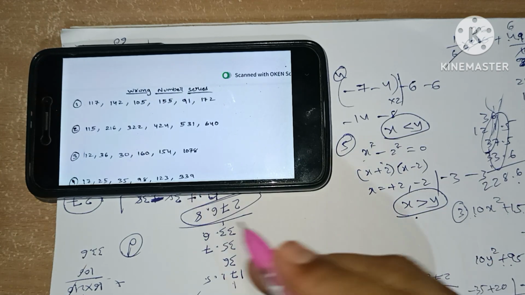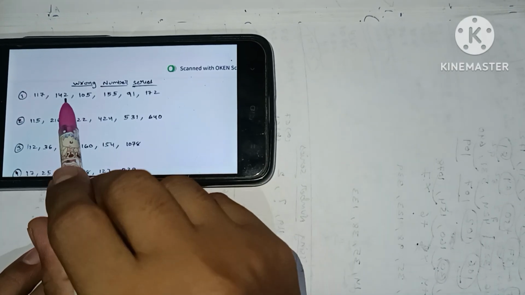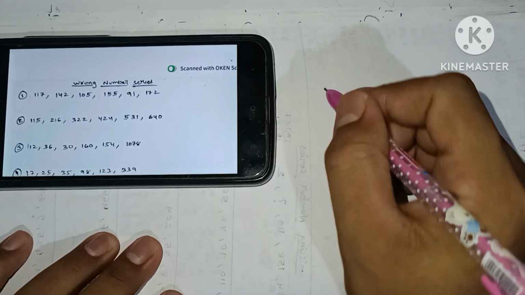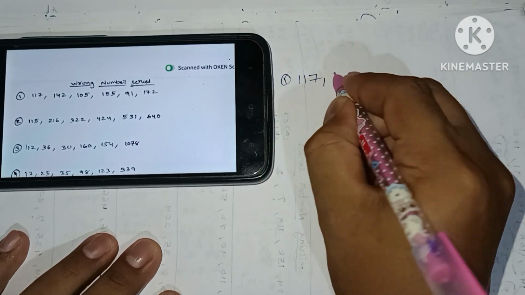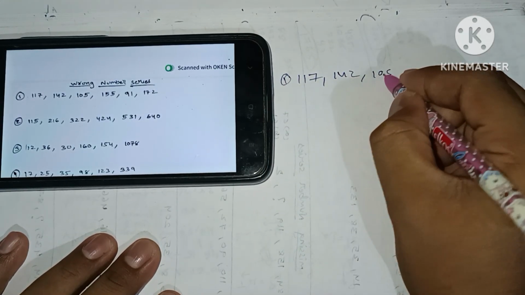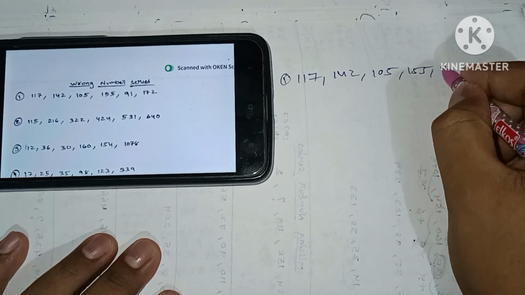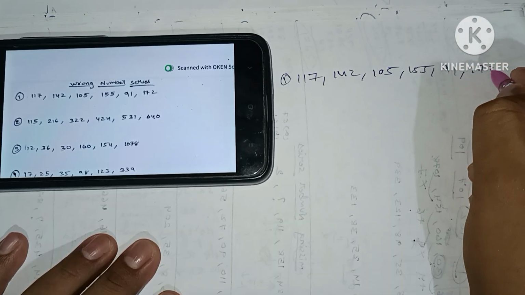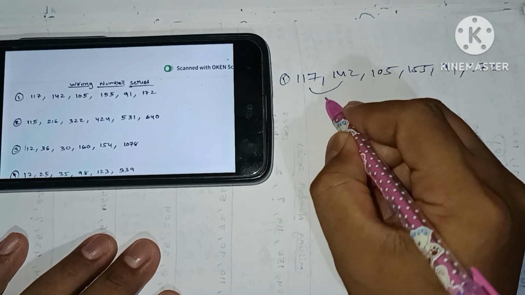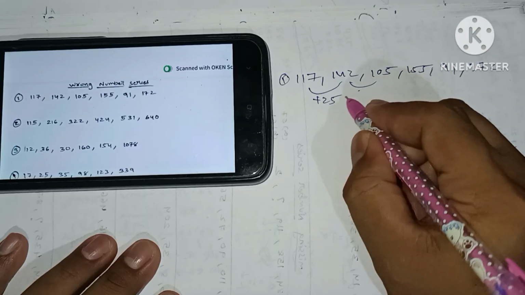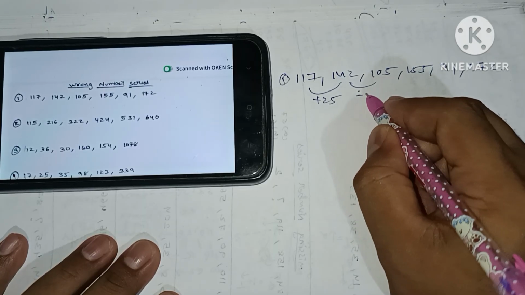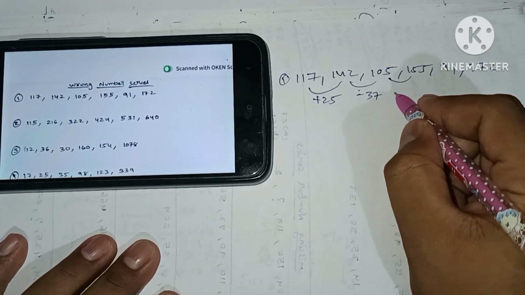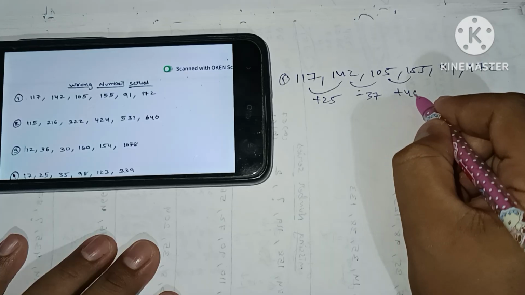Now we are going to see wrong number series. So time for wrong number series. First question is 117, 142, 105, 155, 91, 172. Let's see the difference between these two, which is plus 25. Here the difference is minus 37. Here the difference is plus 40.